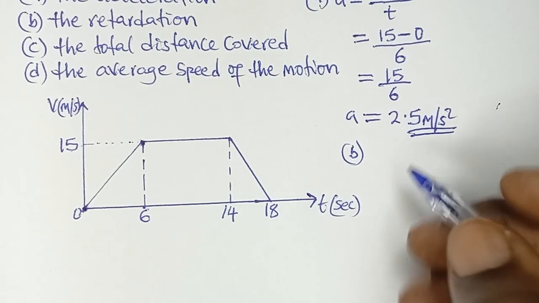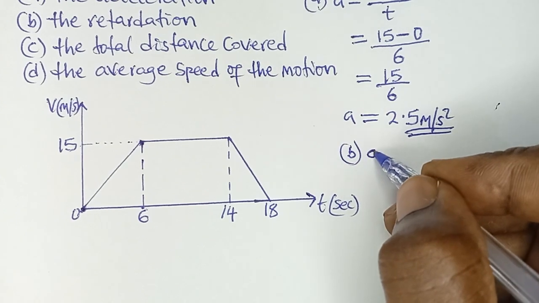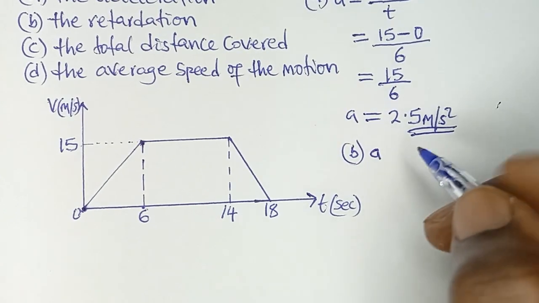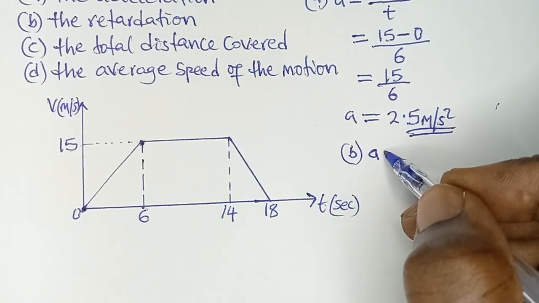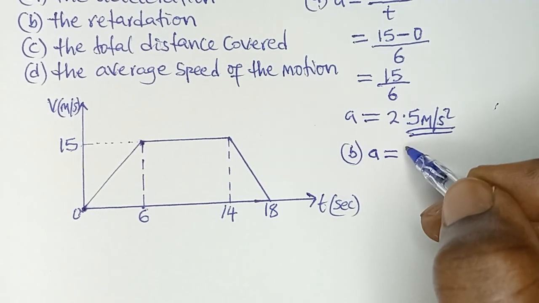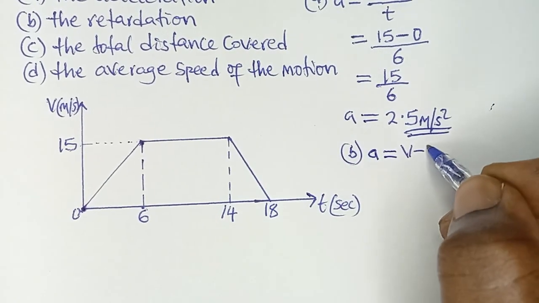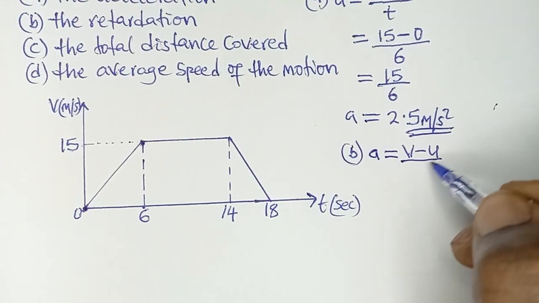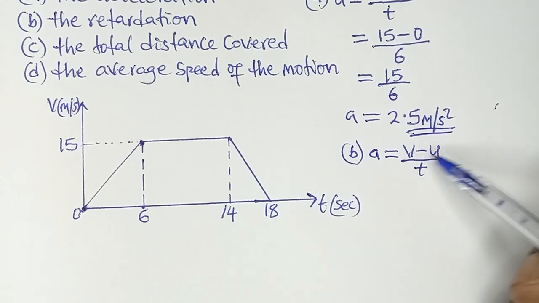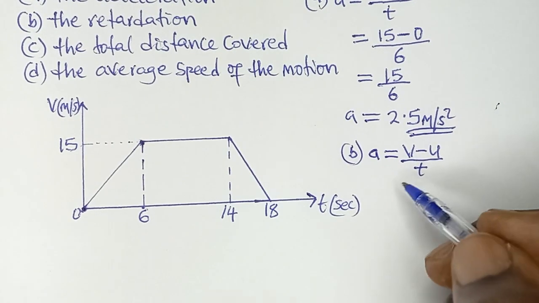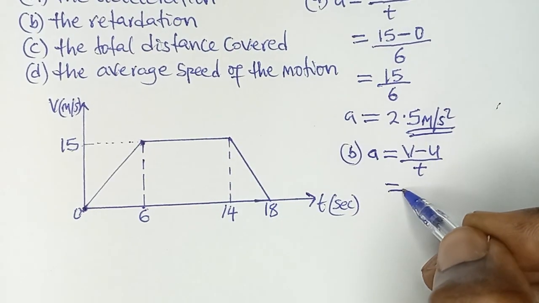So now, I'm going to also write the formula for retardation, which is also A. Don't use the letter R. A for acceleration, for retardation as well. Then it is V minus U all over T. Some people like using U minus V, but no, it is the same formula, but you just have to get the U and the V accurately, and that will help you to get your answer.